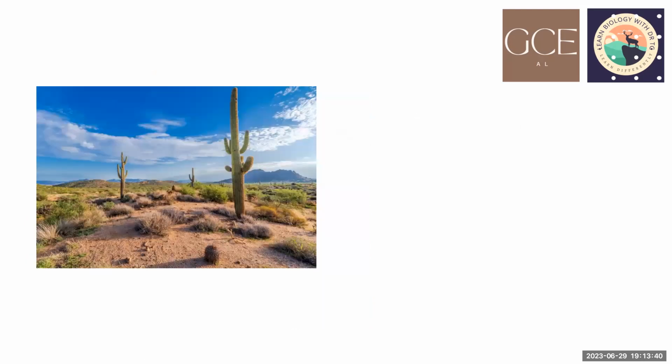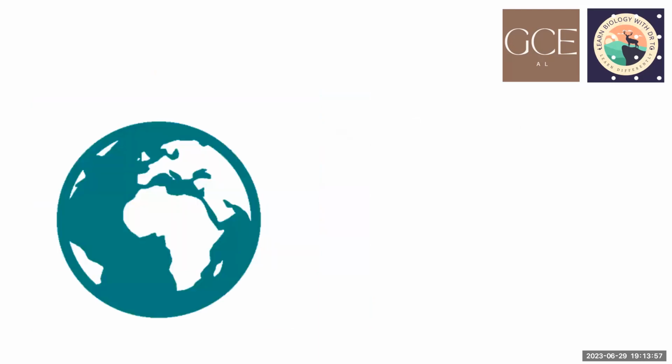So many ecosystems make biome. Biome is a collection of ecosystems. So large ecosystems collect. Desert is a biome. Desert is a large area. It has different ecosystems. Finally, it makes the biosphere.